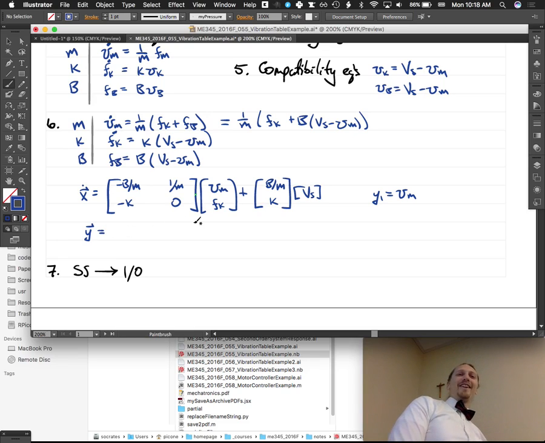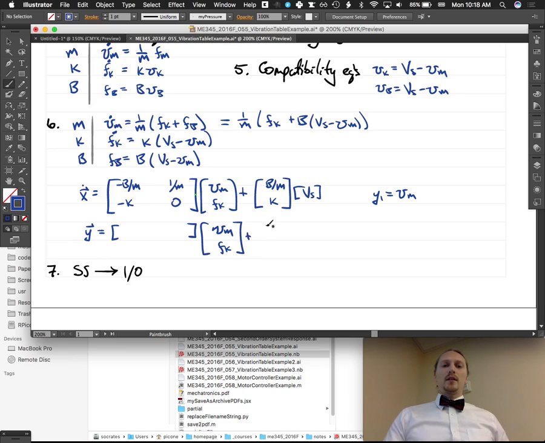Okay, so we just need to select out the state and input. Well, there is no input that we're going to use, but what is the dimension of the C matrix? 1 by 2. 1 by 2, right? 1 output, 2 state variables. So 1 by 2 multiplying Vm, Fk, the state vector, plus D. What is the D size? 1 by 1.